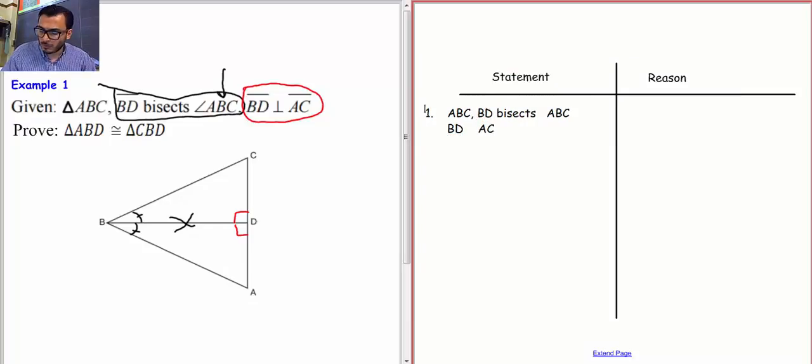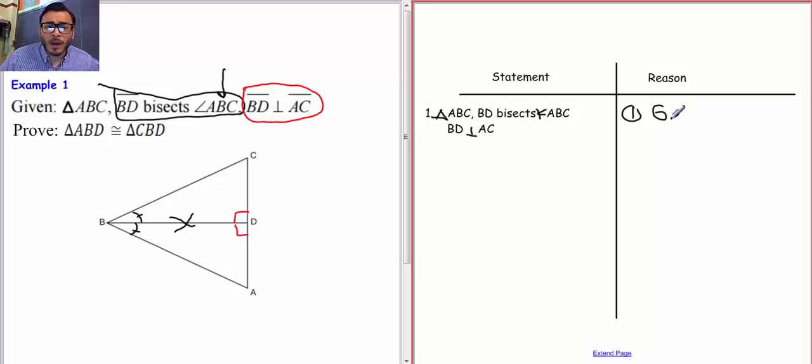And let me just get my symbols in there. So this says triangle ABC, comma, BD bisects angle ABC, and BD is perpendicular to AC. And then all this, of course, is given to us. And I can just abbreviate given.